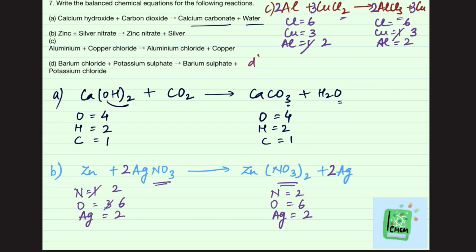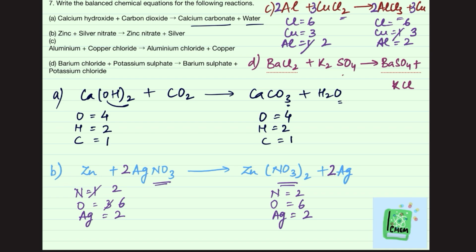Last reaction, barium chloride plus potassium sulfate forming barium sulfate plus potassium chloride. Number of barium atoms on both the sides is same, that is 1.